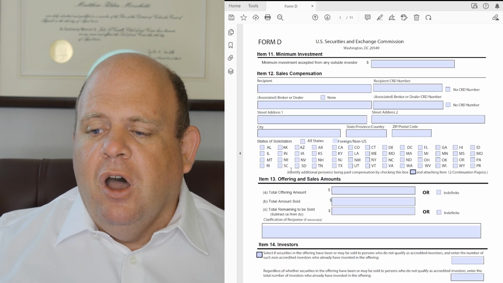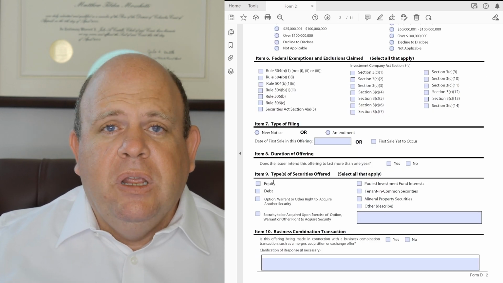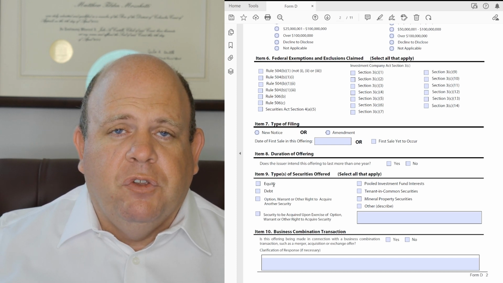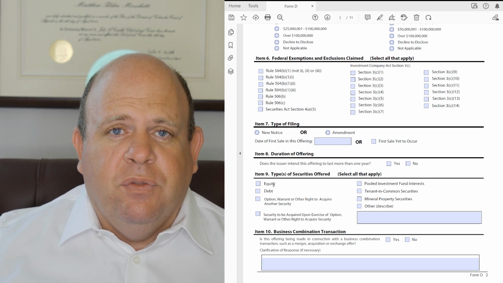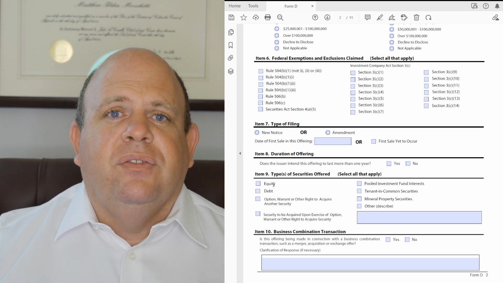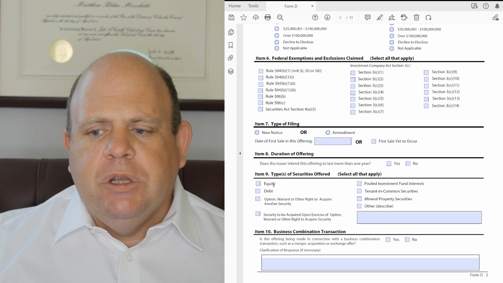Types of securities offered: equity is generally self-explanatory. It's generally an interest in the business itself, in the assets, and so it's that ownership interest.